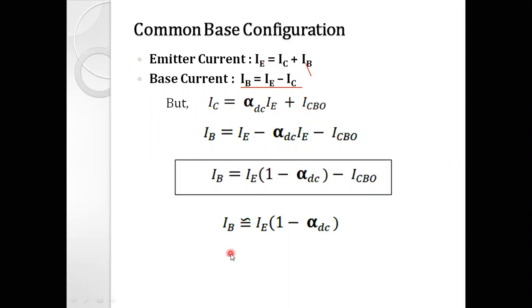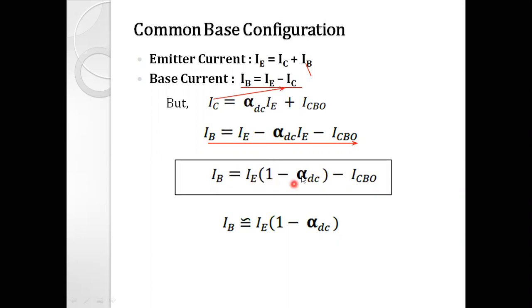When we substitute this IC into this equation, the resultant equation is IB is equal to IE minus alpha DC into IE, and because of this minus, ICBO also becomes negative, right? In the first two terms, IE is common, so we can take it outside.